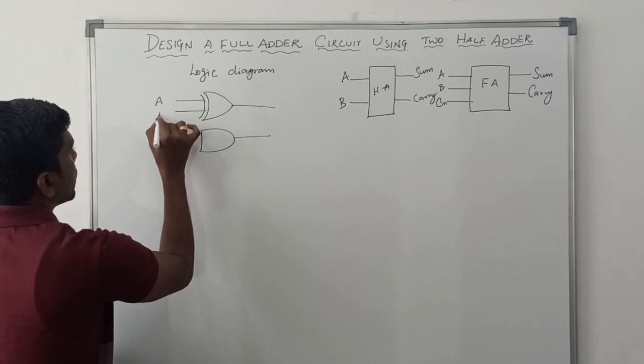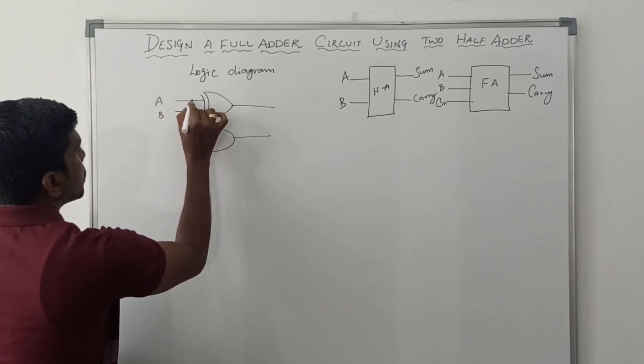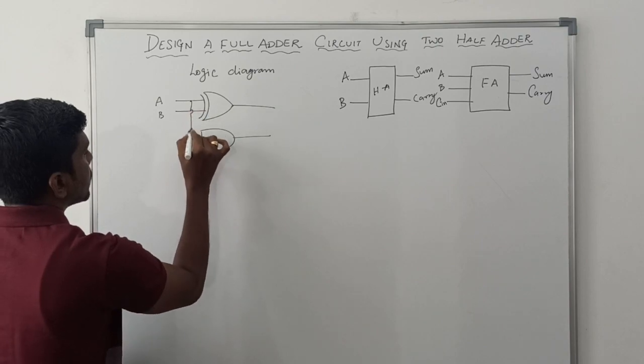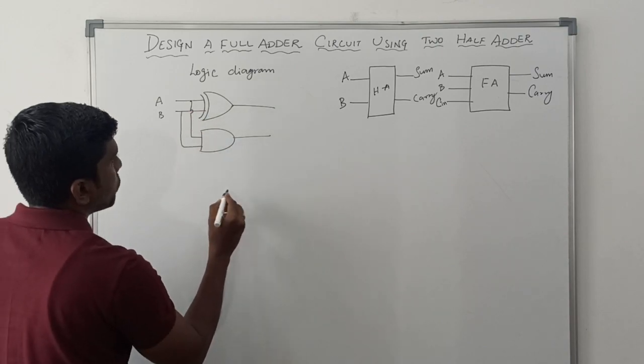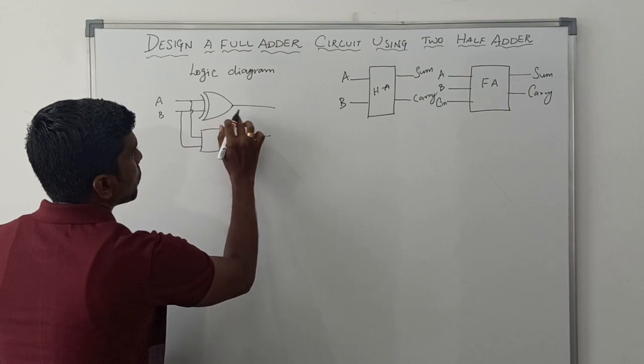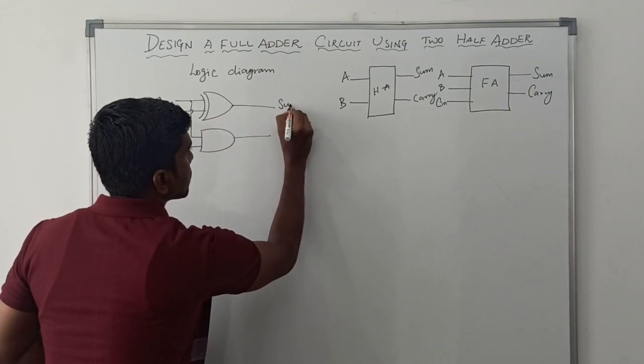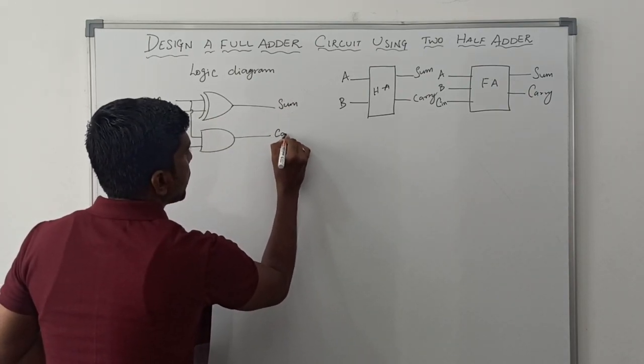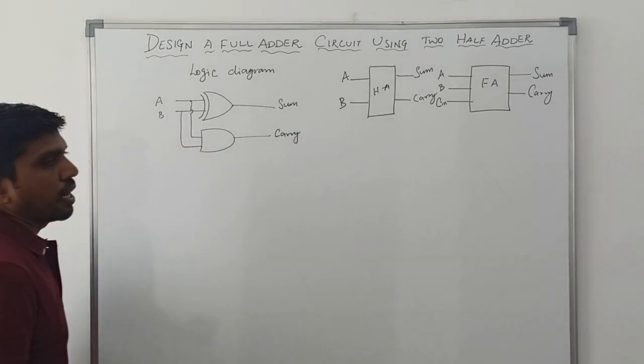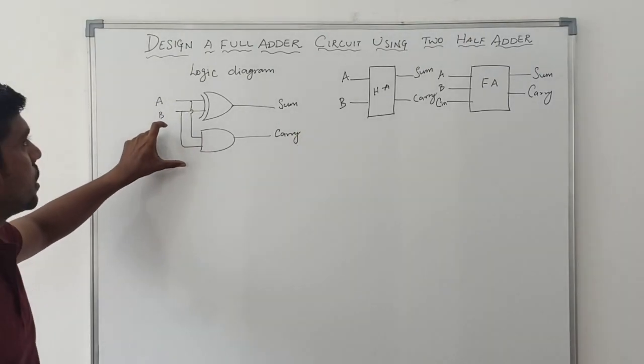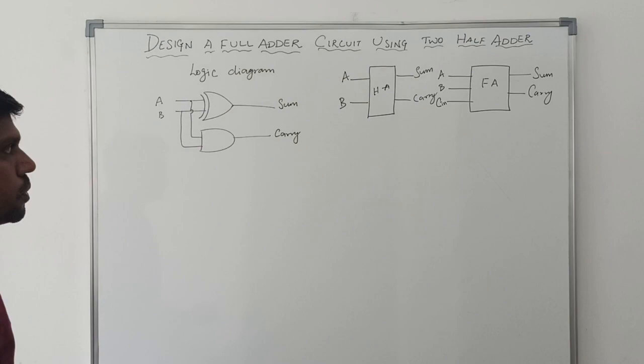The inputs are A and B, connected to the inputs of the XOR gate and the AND gate. The output of the XOR gate is called sum, and the output of the AND gate is called carry. So this is the simple logic diagram of the half adder circuit.